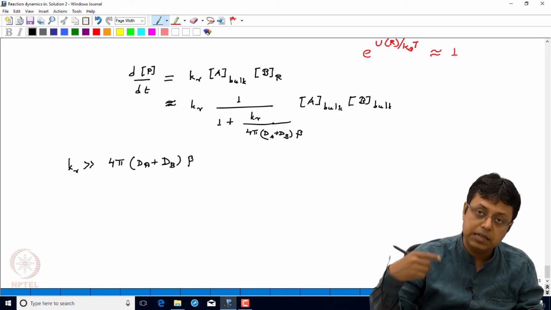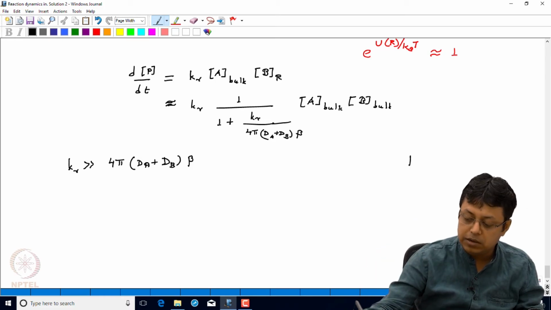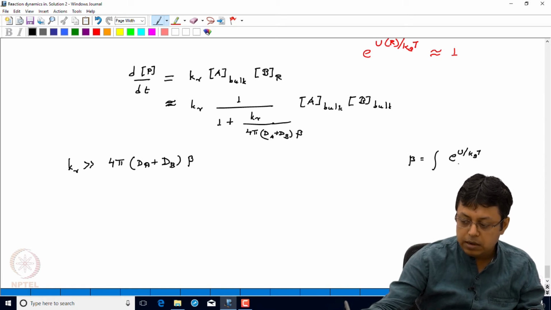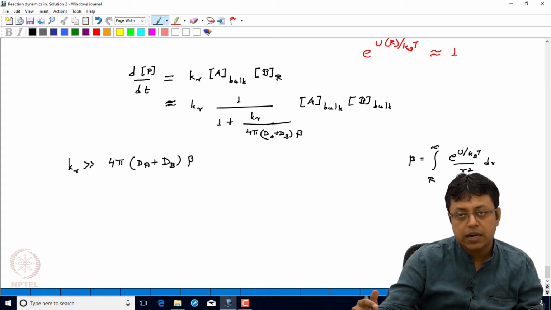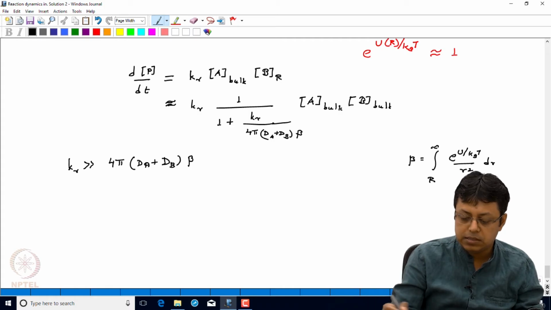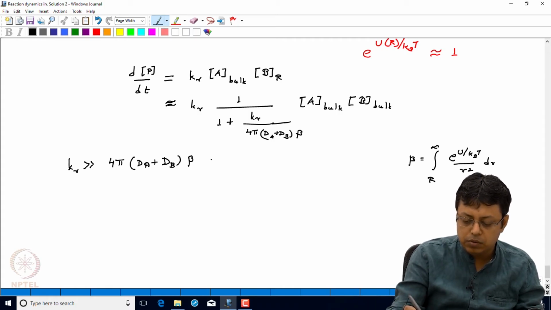And remember that beta is coming from this integration, e to the power u by kBT divided by r squared dr, where r is going from the contact distance to infinite distance. And if I approximate that, then you know how to do it.